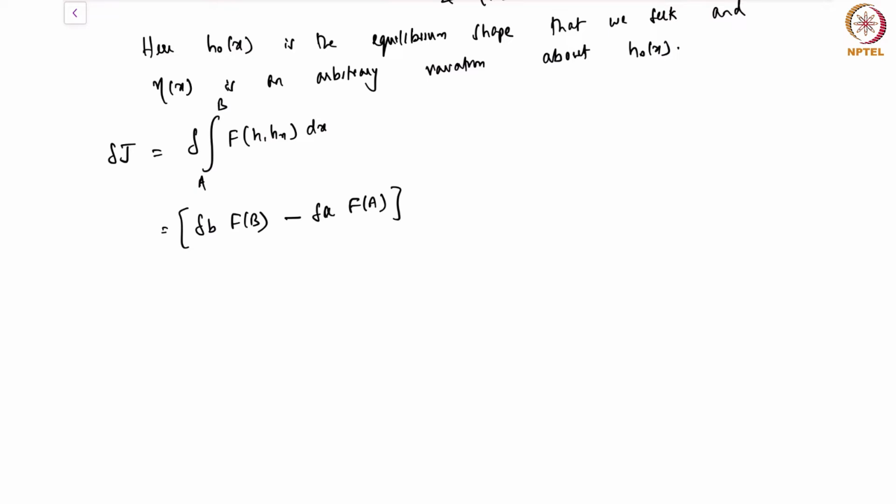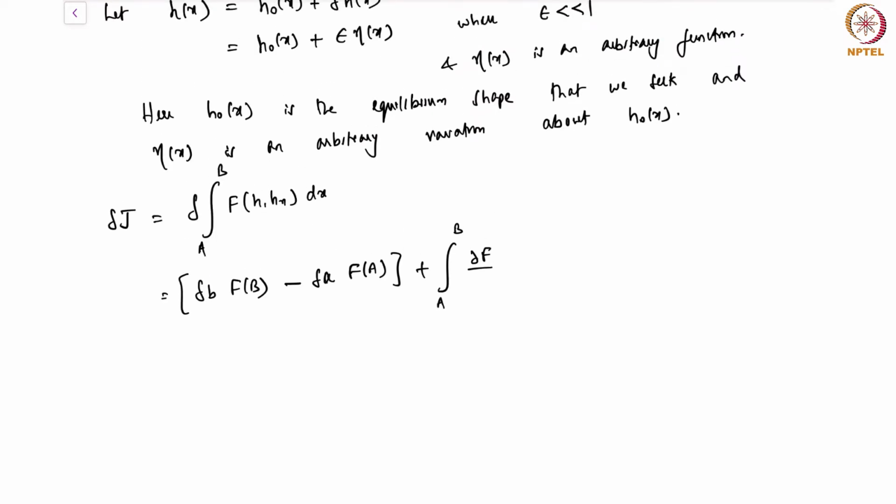Integral of two quantities f and dx. Now dx would just be b minus a, but now we have variations as well. So the variations of b and a come in. Those are the contact line positions. And then I have variations in the function f itself. It's a function of two variables. Therefore, I have variation with respect to h, remember these are variations, the variations come about because epsilon is not 0 right now.